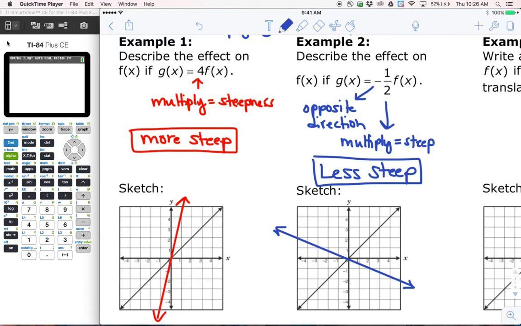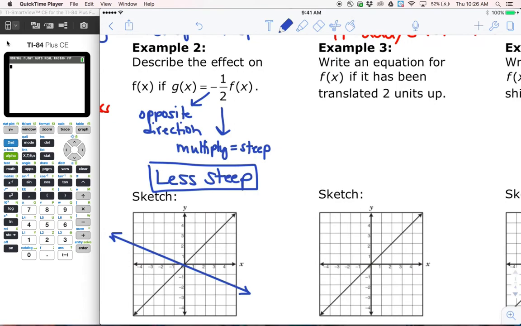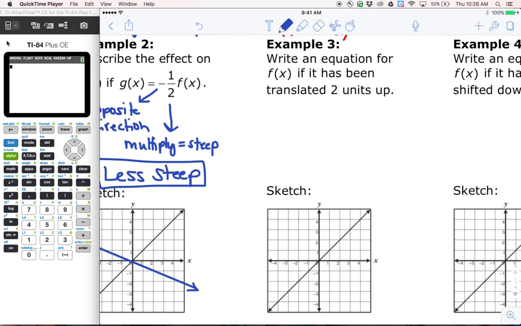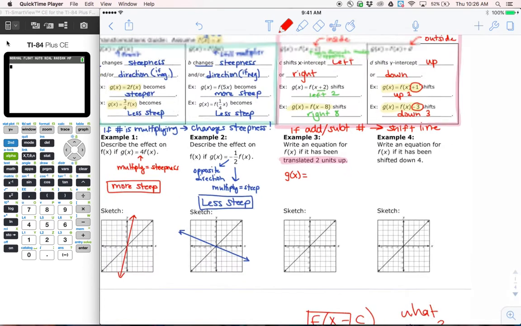Let's look at the next two. The next one says write an equation for f of x if it has been translated 2 units up. I'm going to focus on the part where it says translated 2 units up. Translating up means it's not multiplying, it's being added or subtracted. So in my new equation, g of x, what do I do to make things move up?